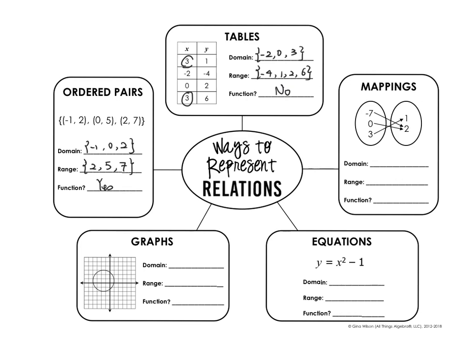Next, we will do mapping, and the domain here on the left is x, the input, right? Because the arrow points to the y. The domain is simply -7, 0, and 3. 3 different x values. And the range is 1 and 2.